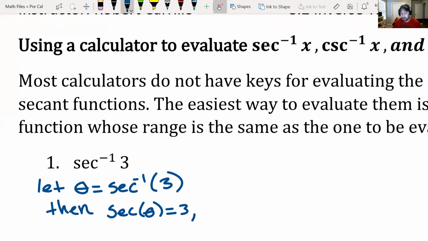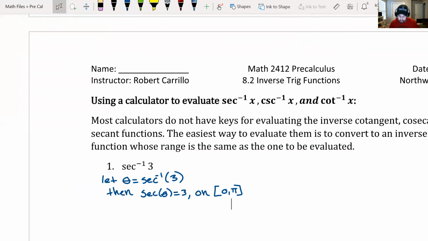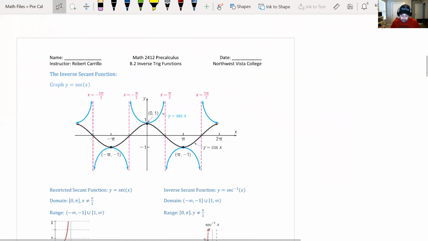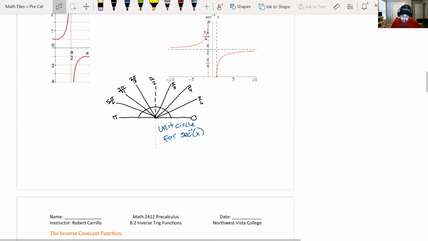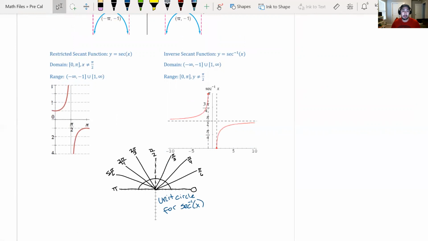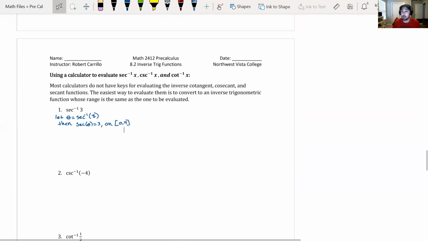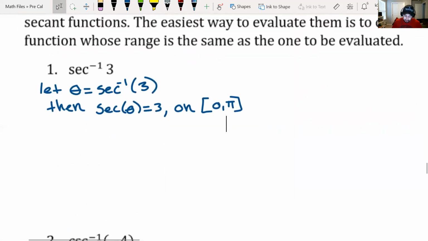But secant theta can only be equal to 3 on secant's restrictions. And secant's restrictions are from 0 to pi. That's what we just learned today. So if we go back up to the inverse secant function, right there, it lives from 0 to pi, where we can't include pi over 2. I don't think we necessarily need that part, though. We just need to know 0 to pi, okay? All right.